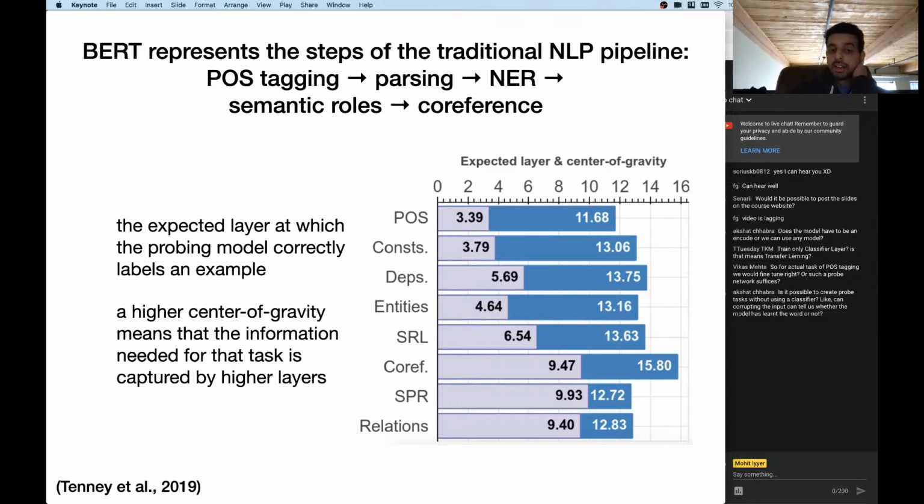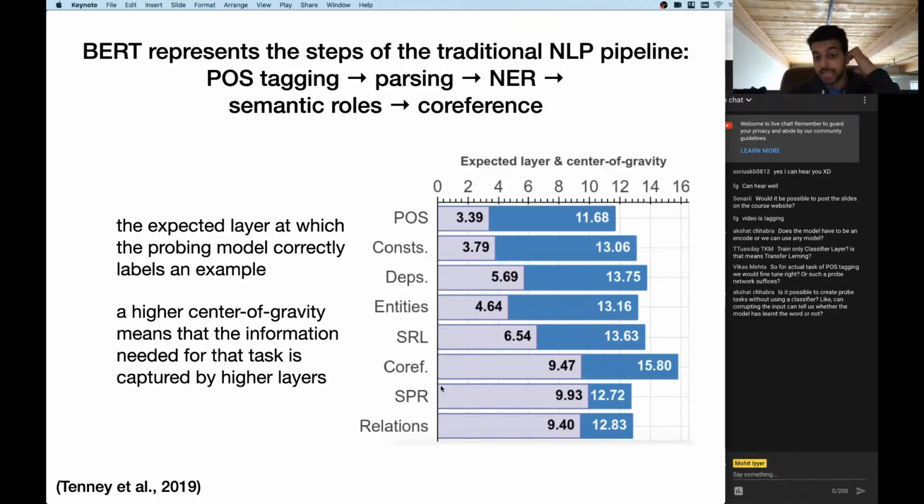So you can see here that for the low-level syntactic tasks, if you extract the representations at layer 3 or 4 of BERT, those perform the best, not the layers that are higher up.